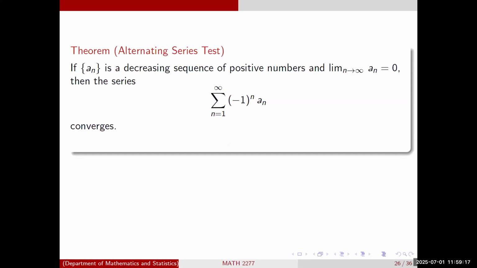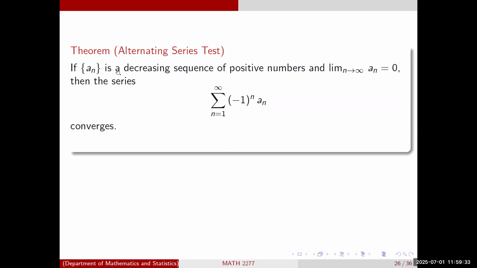All right, so there's also another useful test. This one is called the alternating series test. And it's basically this minus 1 to the power of n coming back in a series.